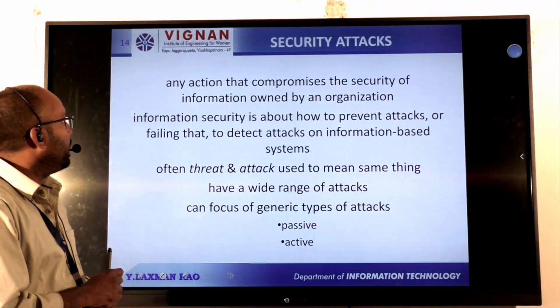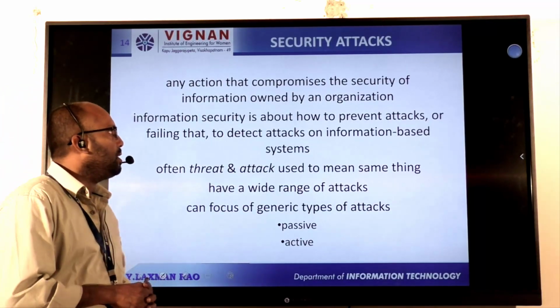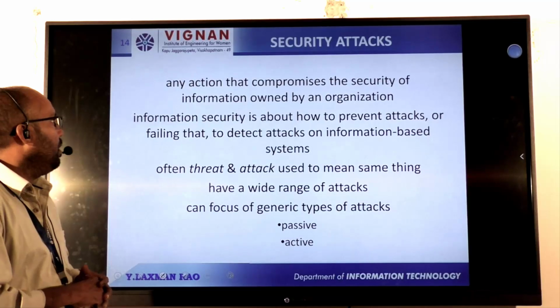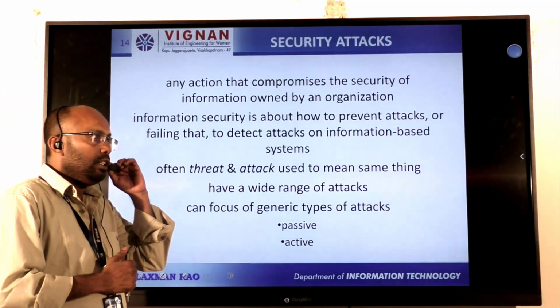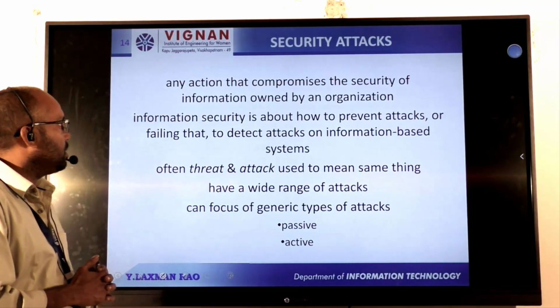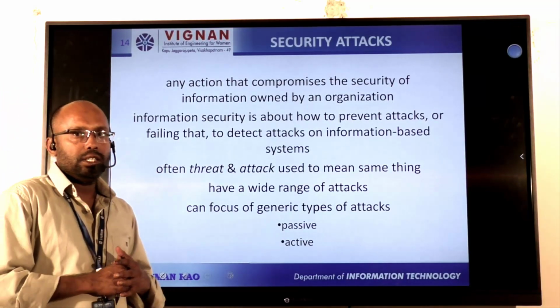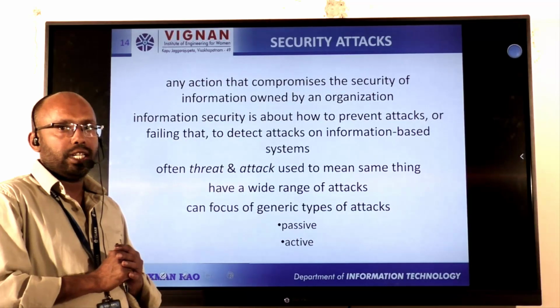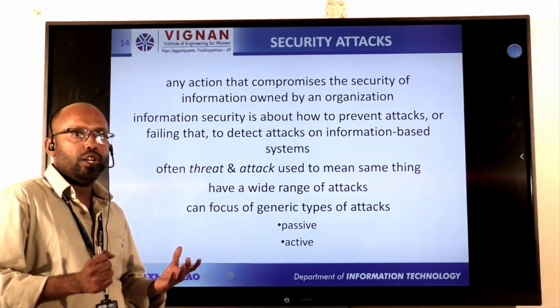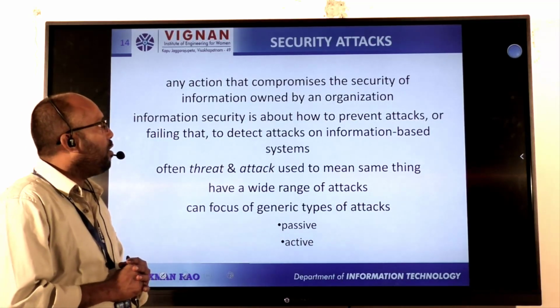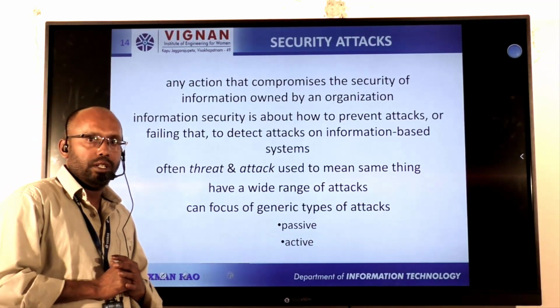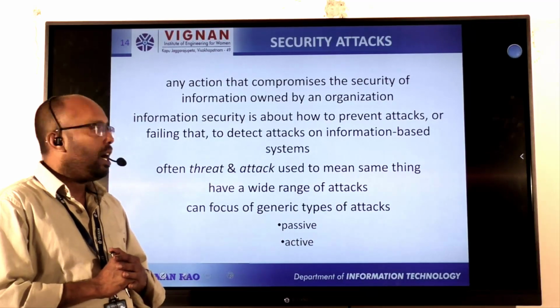So what is a security attack? It is any action that compromises the security of information owned by an organization. Generally, any organization has its own data and wants to provide security to it. If you take a bank or a hospital, they have their own data, so they want to prevent their data from attackers or hackers.